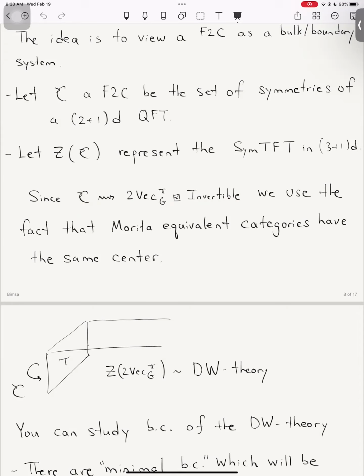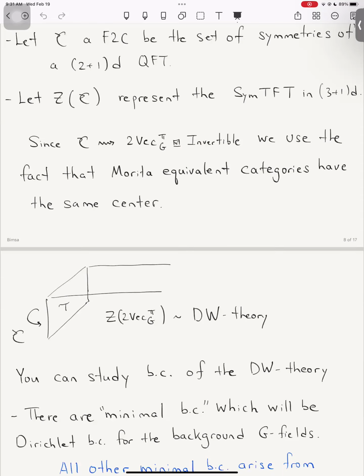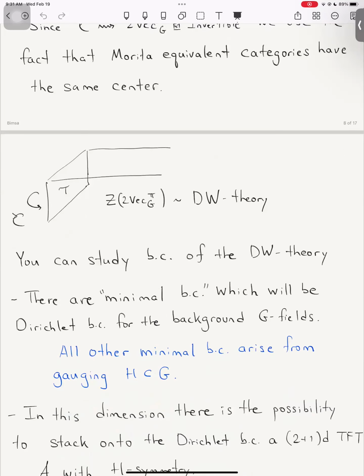So the idea is that I can take C, and in the bulk use this Morita equivalence to say that Z of C is the same as Z of the right-hand side. Well, for Z of the right-hand side, this invertible part goes away. So really, this just looks like G Dijkgraaf-Witten theory, right? It's some sort of higher Dijkgraaf-Witten theory. And the name of the game is to study boundary conditions of the Dijkgraaf-Witten theory.